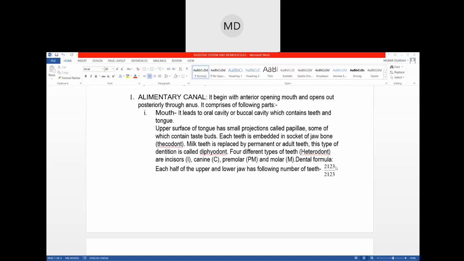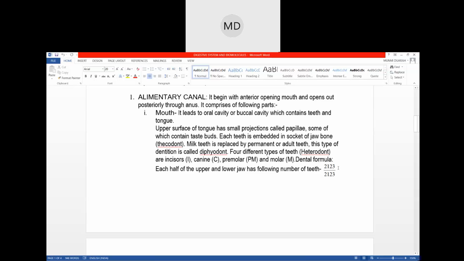Okay, this is the dental formula, and this upper one represents the upper jaw, and this one represents the lower jaw. And this whole thing represents only one side. Not the entire upper jaw, only one side of your upper jaw, like your left side or your right side.